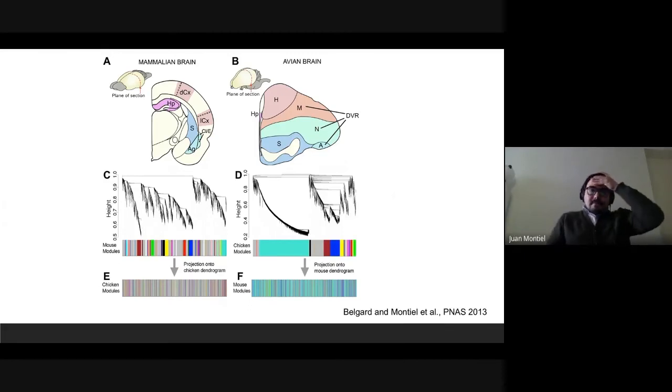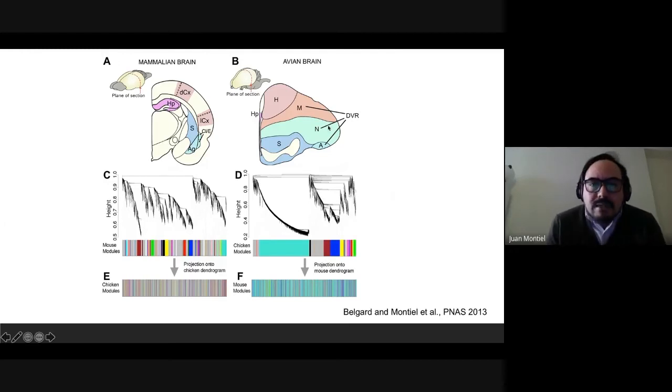There were studies supported by connectivity, some homology, by gene expression of some restricted genes or developing genes, other types of homology. And there was a very high debate, 50 years of debate, about the correspondence between the brain areas in different species.